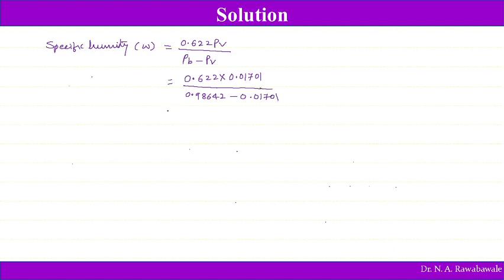From this we get 0.010914 kg per kg of dry air.